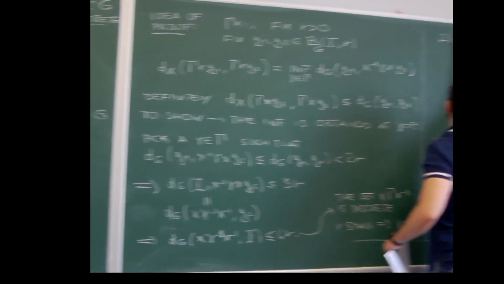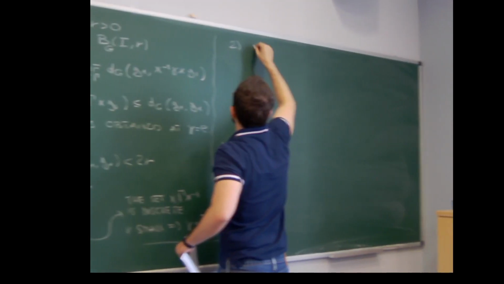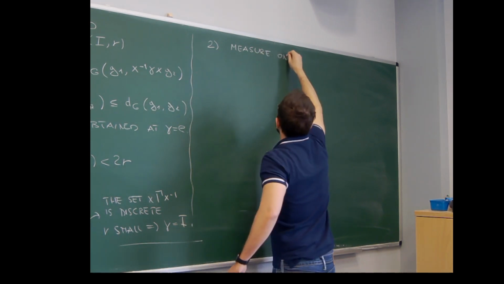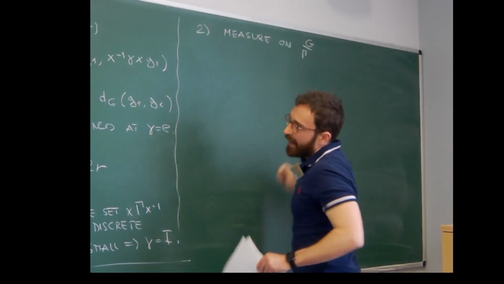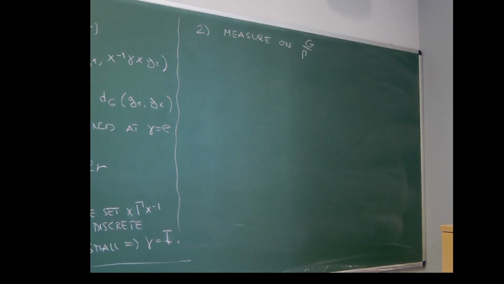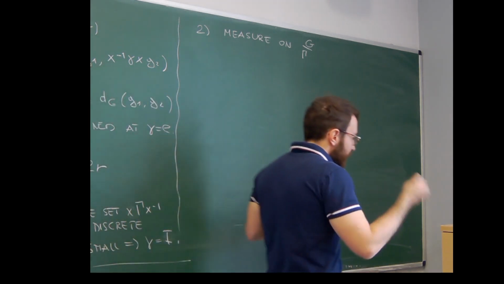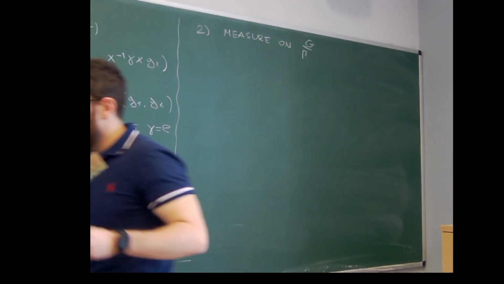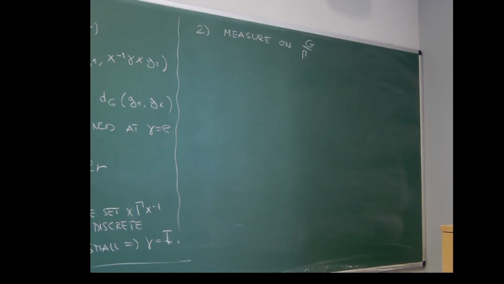So we need a measure on G mod gamma, and not just any measure, right? Because on G we have a dynamics, right? The dynamics is right multiplication by a matrix in G. And to do ergodic theory, you want your flow, I'm not sure if this is correct in English, to preserve the measure.